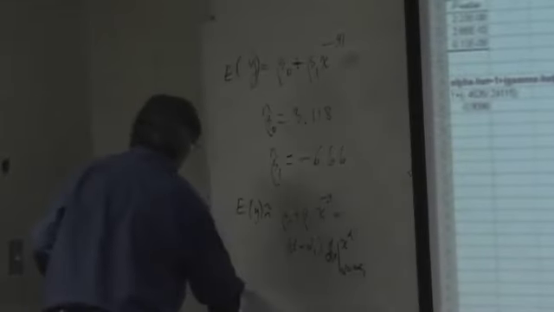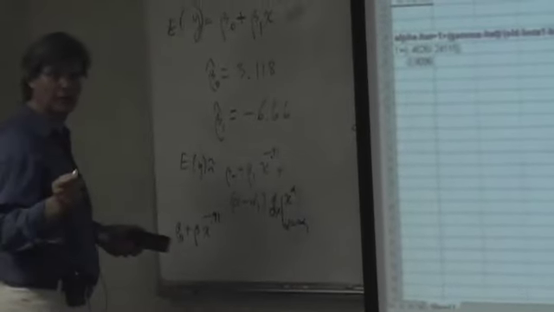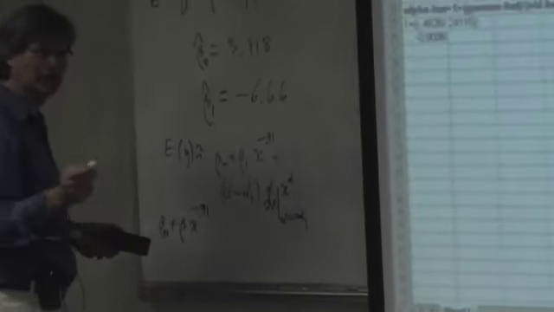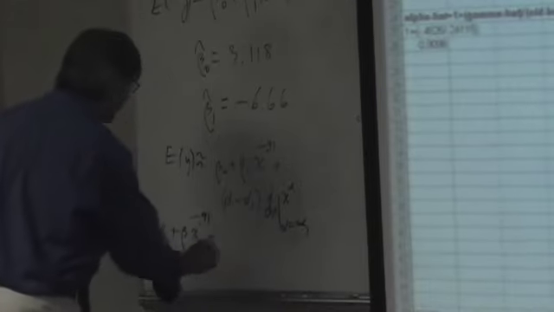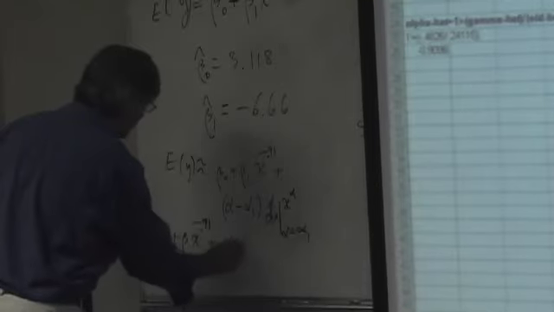Okay? So what I'm getting is beta 0 plus beta 1 x to the negative 0.91. That's my first regressor, x to the negative 0.91. Plus, then I get alpha minus the negative, plus I'll just put 0.91.